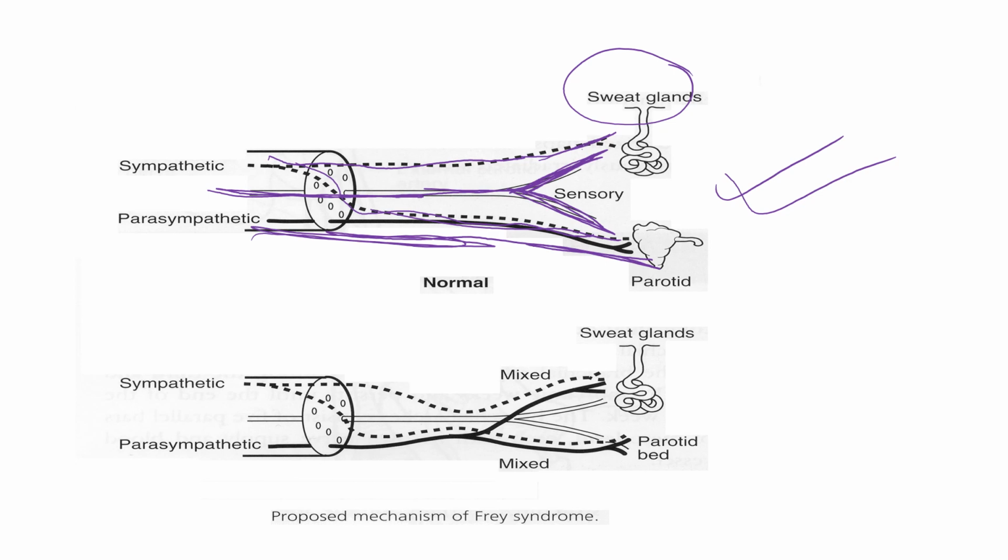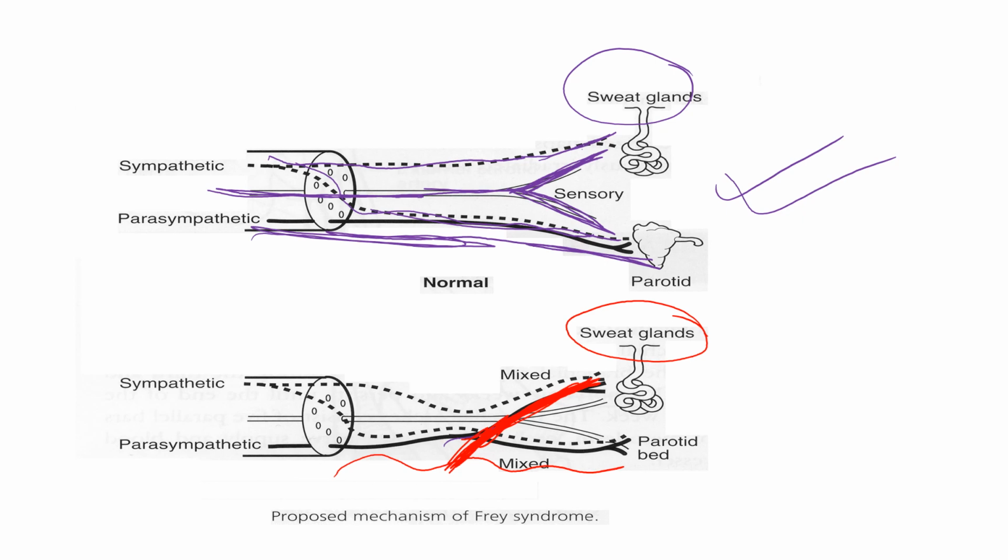But after an injury or an operation, sometimes what happens is an aberrant communication. So this is an aberrant communication from the auriculotemporal nerve, which is carrying secretomotor fibers to the parotid gland. An aberrant or abnormal communication grows towards the sweat gland.